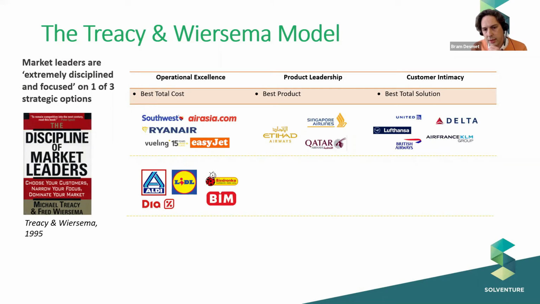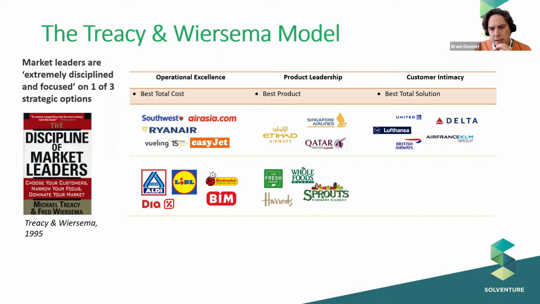You can also apply it to food retail. Hard discounters are operational excellence. Product leadership, upscale retail brands. It's a bit less dominant in Europe, but like in the US, you have Whole Foods, Sprouts Farmers Market, Fresh Market. It's like locally grown, anti-allergen. In Belgium, you would have Cru from the Colruyt Group.